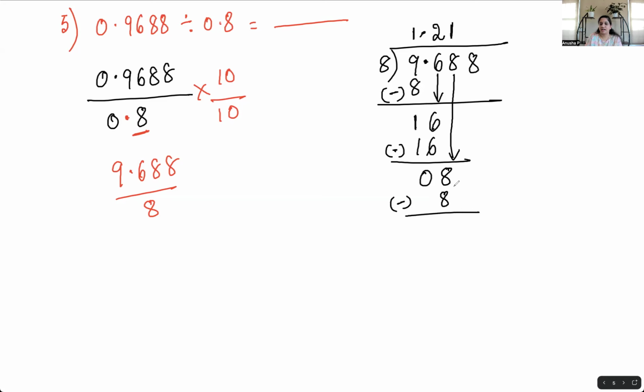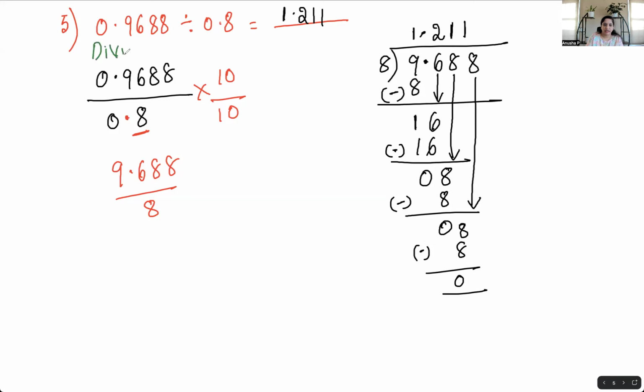Again, we have to subtract. 8 minus 8 is 0. And then we are bringing the 8 down. So 8 times 1 is 8. So 8 minus 8 is 0. So what is the coefficient we got? 1.211. So this one is called the dividend, and this one is the divisor. And the final answer we got is the coefficient.